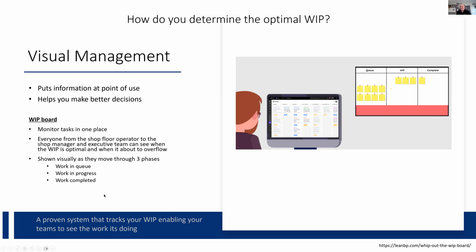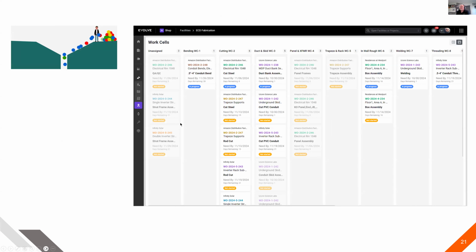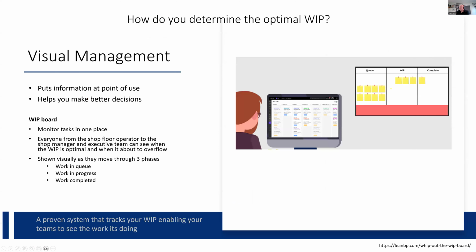So this is kind of a proven system. It's used a lot of ways. A lot of systems use it, and I think it's just a good way of visualizing the work that we have in progress in that facility at any given time. Actually, let me go back here. On this website, there's some good information about this, and I've taken some excerpts from this article, "Whip Out the Whip Board."